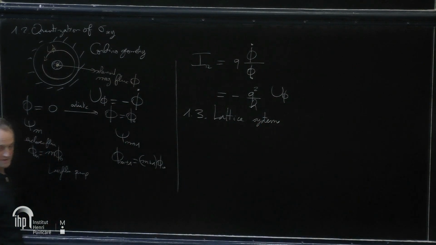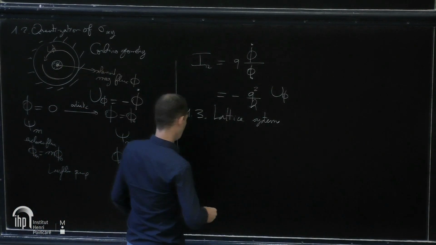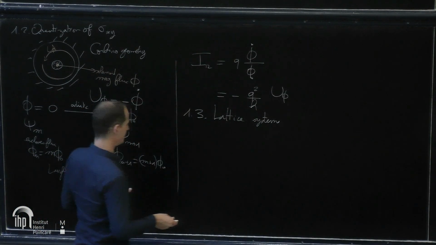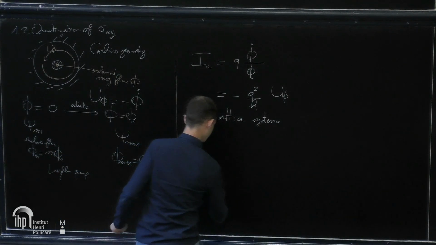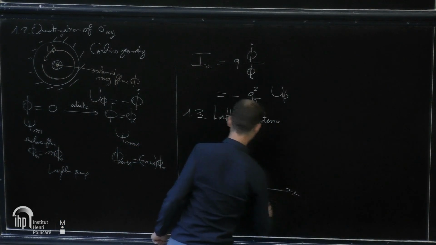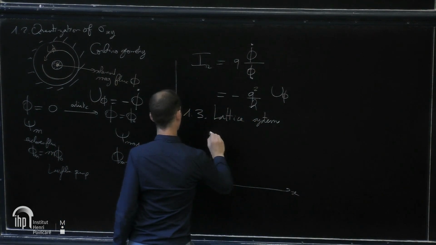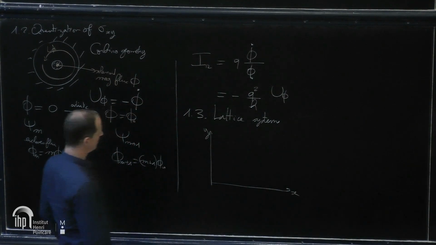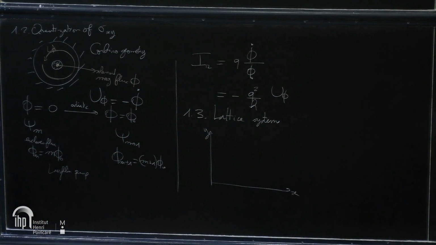But I will simply explain how it works in order to introduce a few elements that I need in the following. So let's say we start from Landau levels, and our goal is to express a quantum Hall effect in a lattice system.